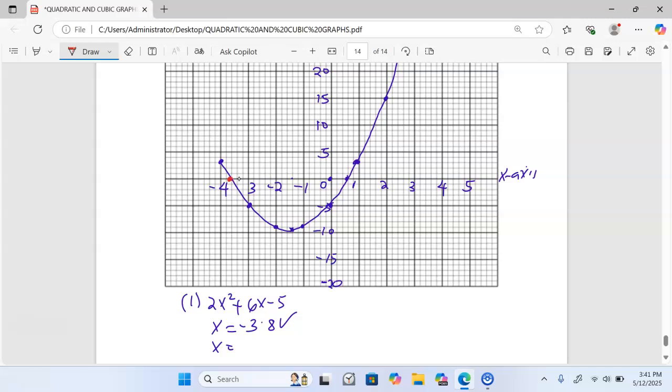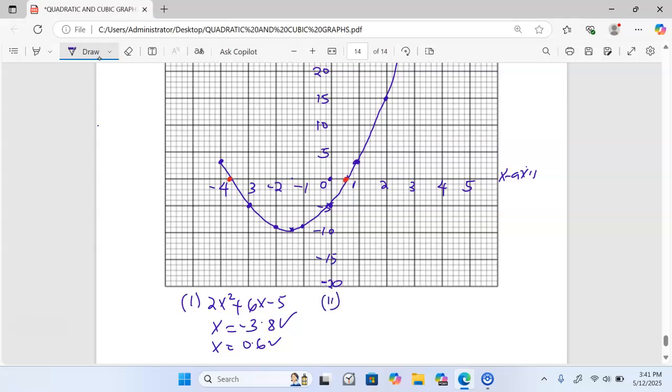We have this point here and this point here. So in that regard, the value of x at this other point will be positive 0.6 there. Those are the solutions for part 1.